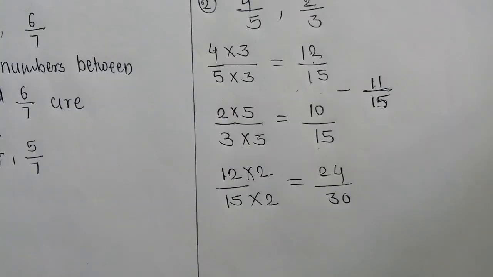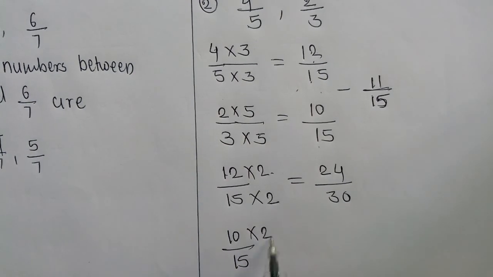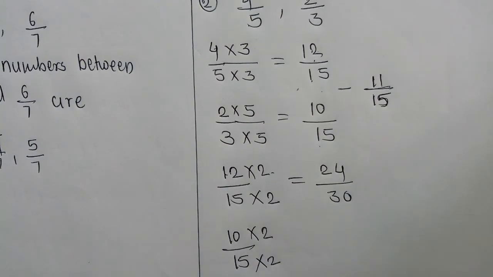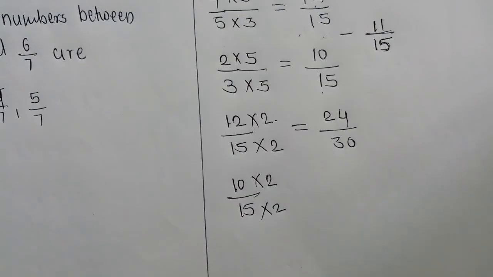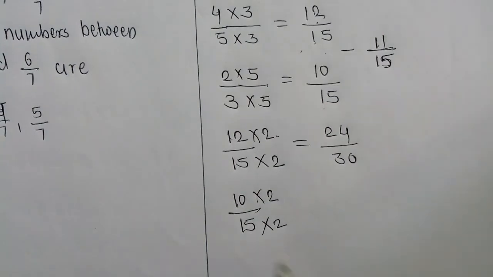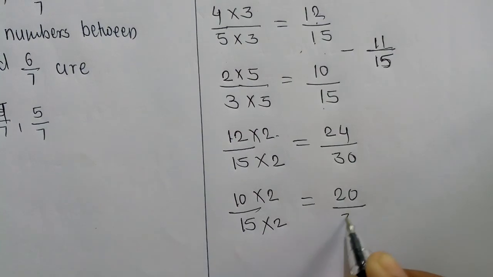Then for the equivalent fraction of 10 upon 15, I will multiply by 2 in the same way. You can multiply by 3 also, by 4 also, by 5 also, but I have taken the smallest number to keep it simple. So 10 2s are 20 and 15 2s are 30.